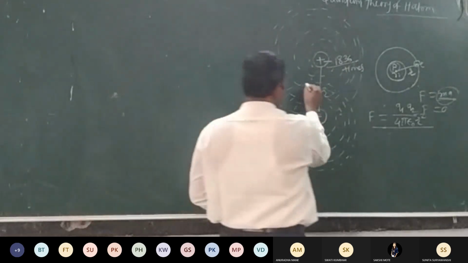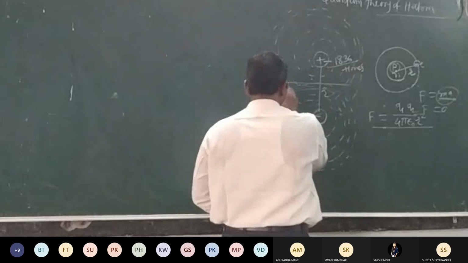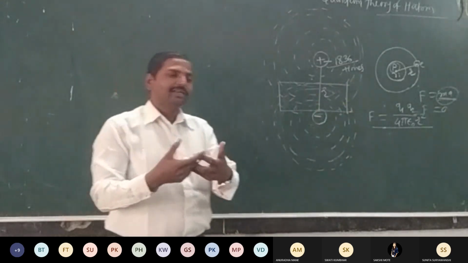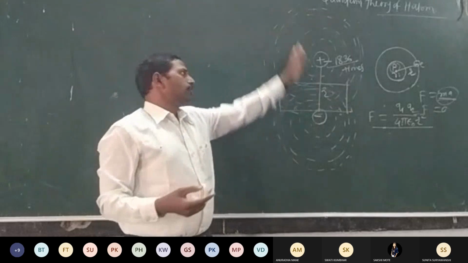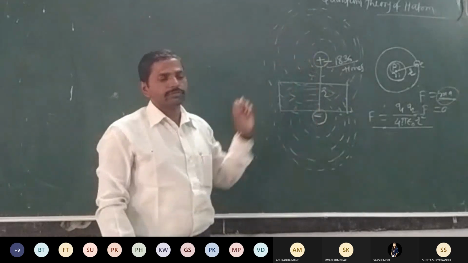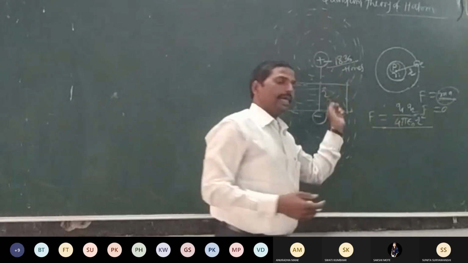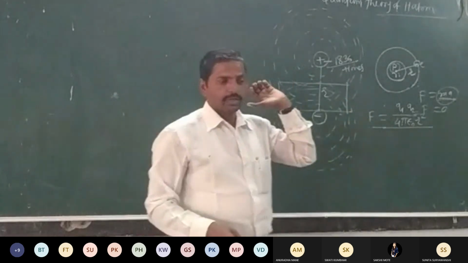And see this section. What has happened in this section? There is overlapping of the fields. The positive charge's field comes from above, the negative charge's field from below, and there is a force of attraction in this field.